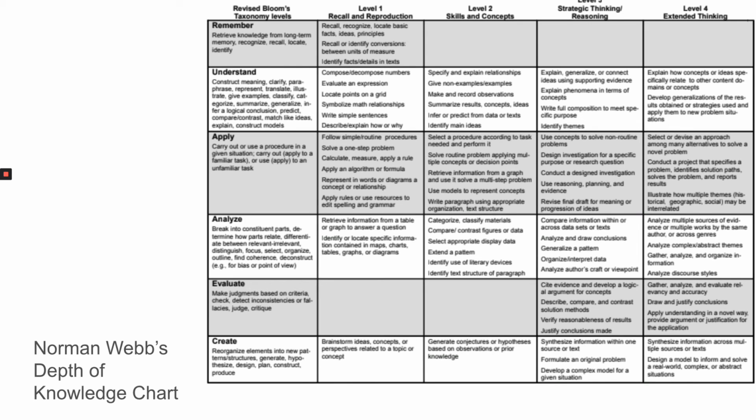Extended thinking often happens with sustained projects, but level 3 is typically where we want. And you'll notice the verbs there: explain, identify, design, reason, revise, generalize, analyze, synthesize. We do lots and lots of this already, and I'm happy to dig into this chart with anybody who's interested.